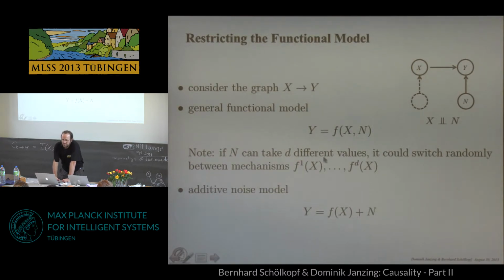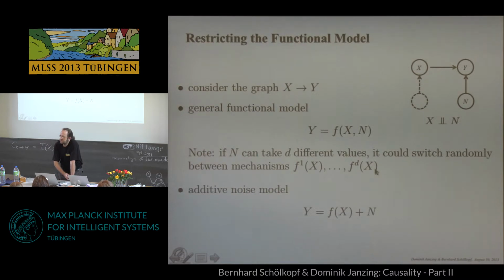So for instance, a special case of what Dominik just said would be if the noise were a discrete random variable that can take values between 1 and d, or d different states. Then this noise could simply switch between the different mechanisms, and these could be completely different, like not and identity, whatever. So somehow intuitively it seems to be clear that in such a situation, and in practice, of course, the noise could take more than just d different values.